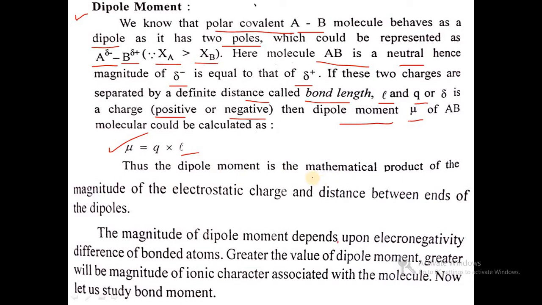Thus the dipole moment is the mathematical product of the magnitude of the electrostatic charge and the distance between the ends of the dipole. So this is about the dipole moment.